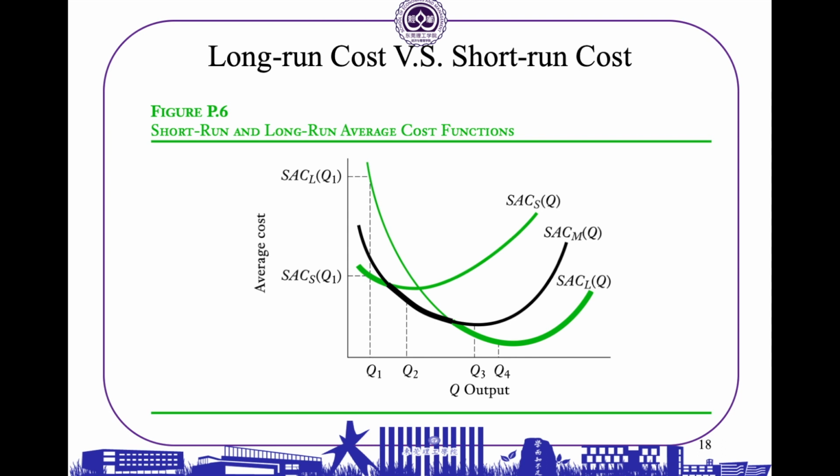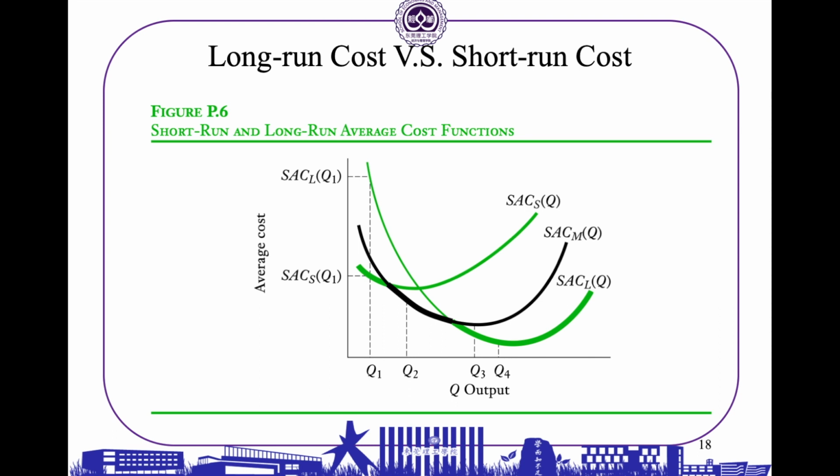Due to efficient production, large amounts of output will be more efficient, or less costly, in a large factory than in a small one. In the short run, the plant size is given. For output Q1, a small plant has lower cost than a large plant. Before the plant size is determined, building a small plant is a more efficient way than building a large plant for producing output Q1.